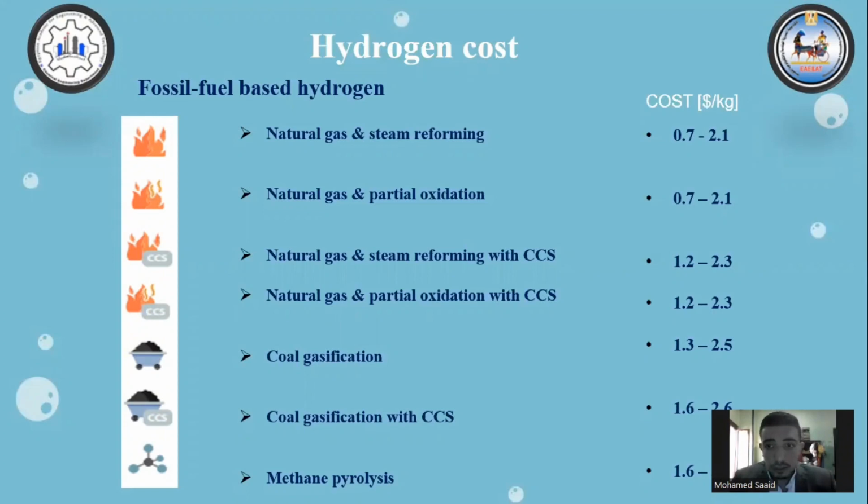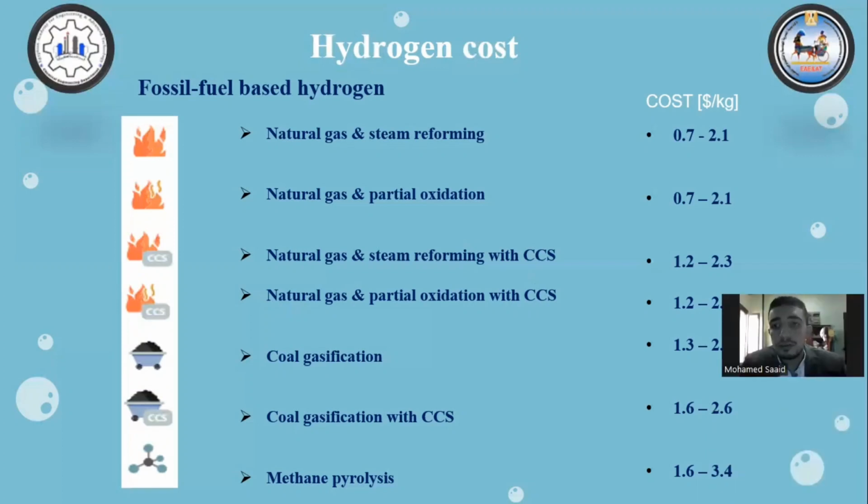Using coal gasification, it costs $1.3 to $2.5 per kilogram. Using coal gasification with CCS, it will cost $1.6 to $2.6 per kilogram. By using the methane process, it will cost from $1.6 to $3.4 per kilogram.